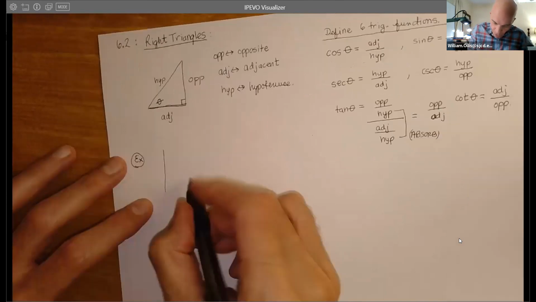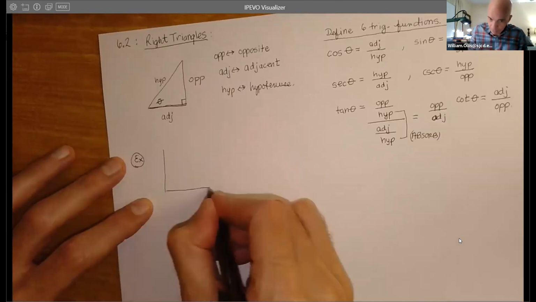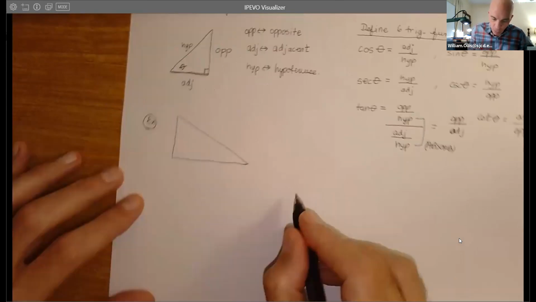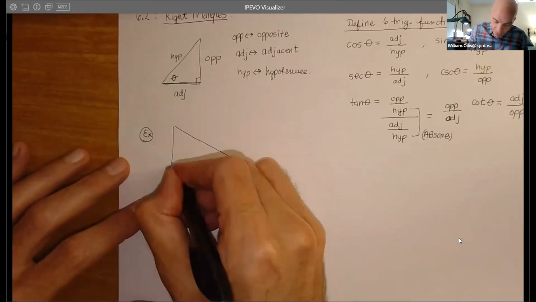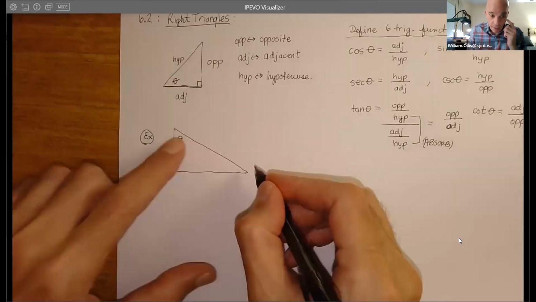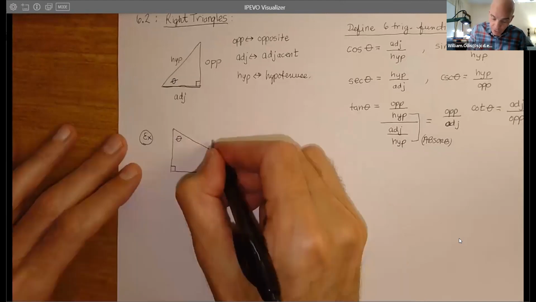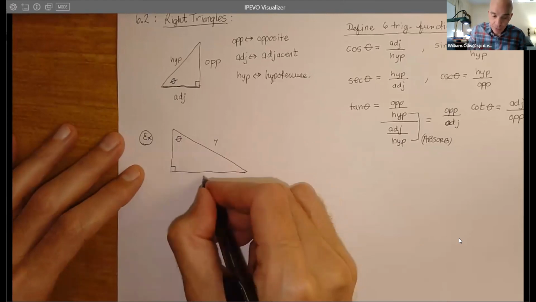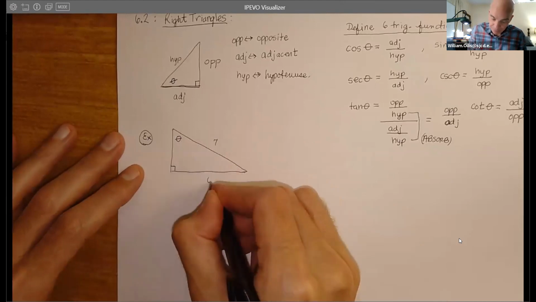We're going to draw a right triangle. This is like a WebAssign problem. We have a right angle, and then we have an acute angle theta here. And we're given that the hypotenuse has length 7 and the side opposite theta has length 6.